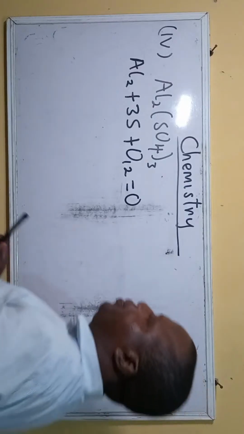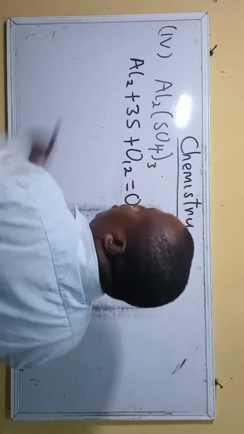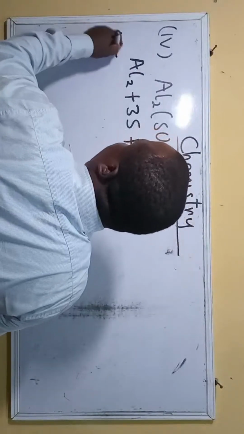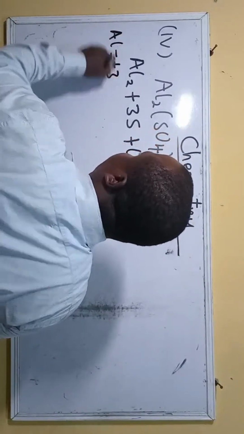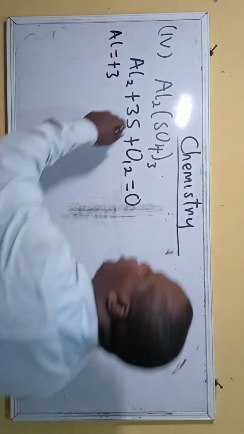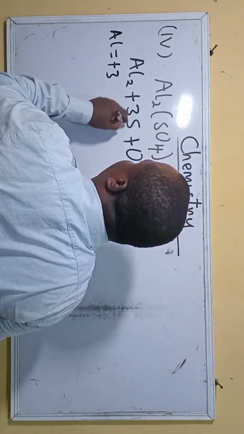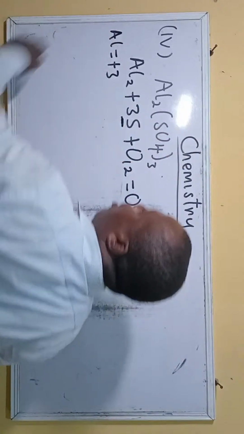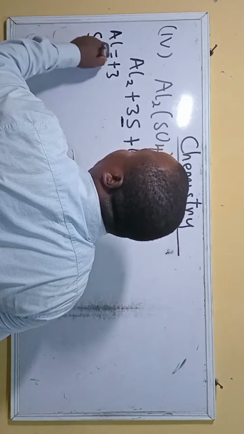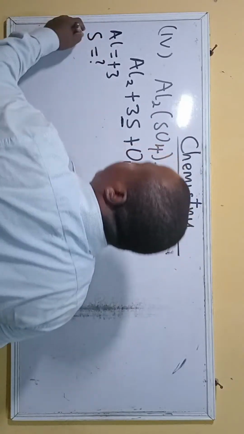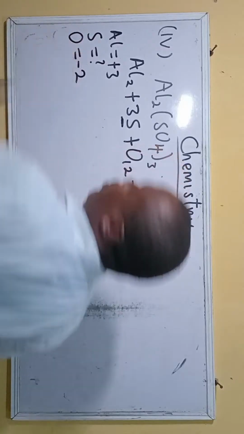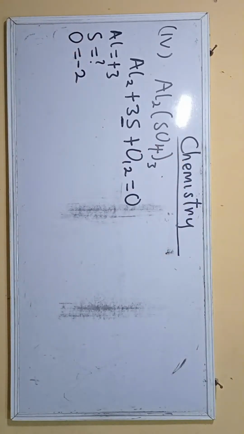So, let's start. The oxidation number for aluminium is plus 3. I have to make sulfur the subject of the formula. Sulfur is unknown, Abby. Then oxygen is minus 2. The oxidation number for oxygen is minus 2.